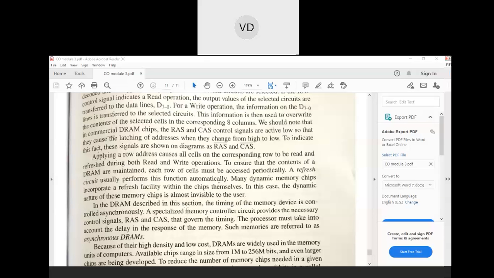Each has its own memory controller circuit. Row address is generated, column address is generated, it is decoded, and data is selected by the sense circuitry. Each memory controller generates the control signals for them only. Row address signal is generated by its controller circuit, column address by its controller circuit. Each has individual timings, so it is called asynchronous.